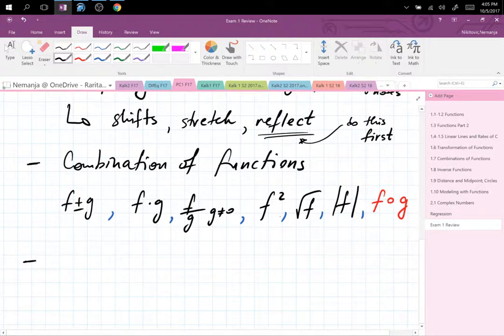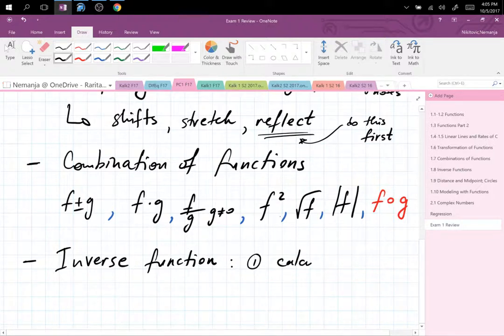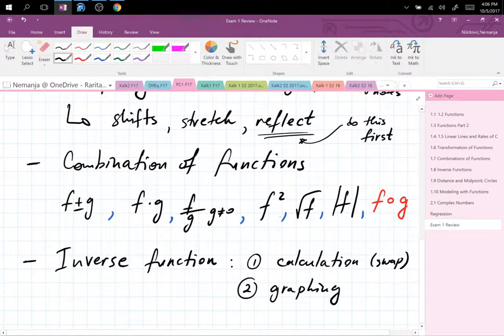And what else? Inverse function. Generally, we have the calculation, that's the swap, and then graphing, and then checking.